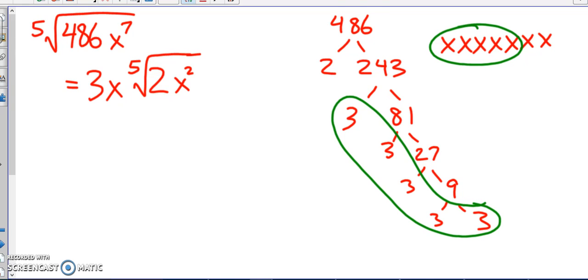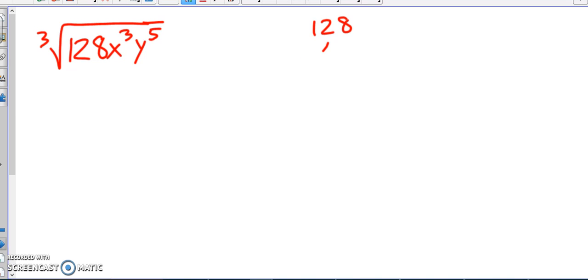All right, last one. Cube root of 128 x cubed y to the 5th. Let's quickly get this churned out.